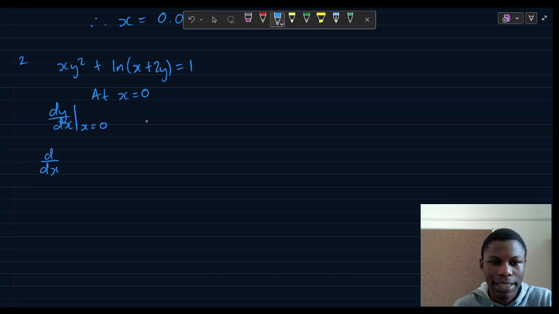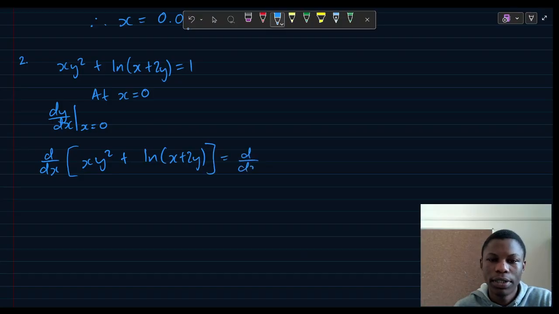And in this case, notice that we've got an implicit function, i.e., we can't easily make y or x subject of the formula. So we're going to differentiate this implicitly. So this is xy squared plus the natural logarithm of x plus 2y, and this is equal to the derivative of 1.